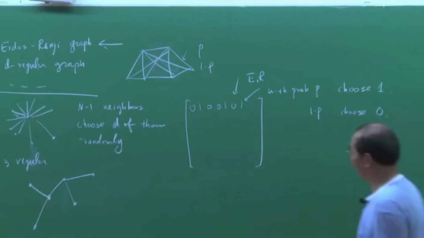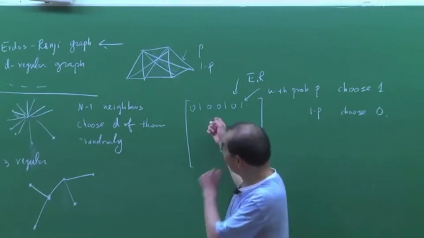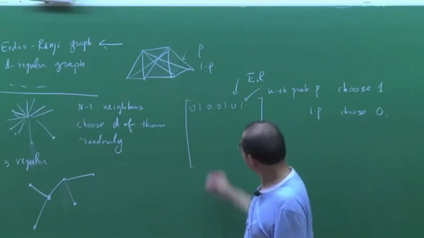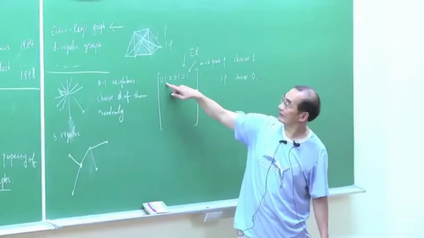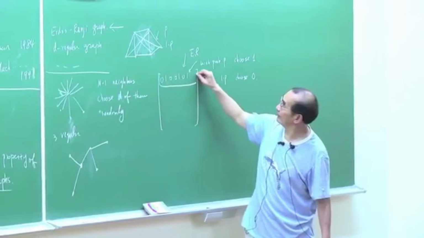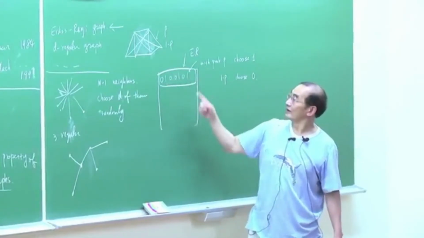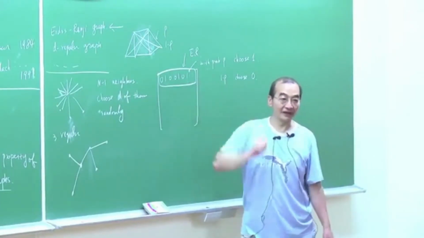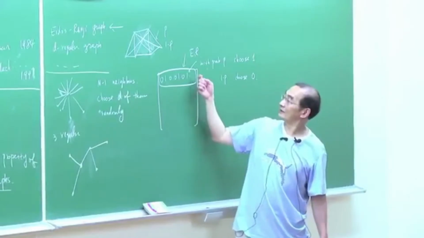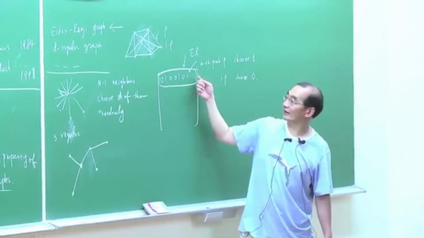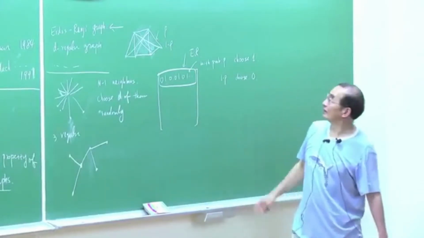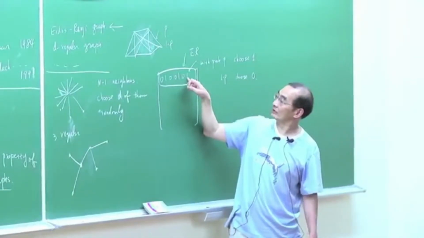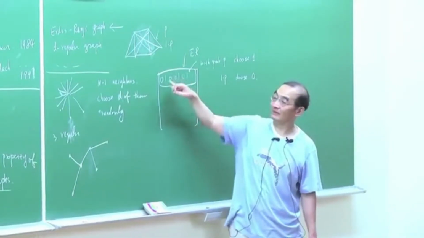Now, there's a difference between Erdős-Rényi and D-regular. For the D-regular graph, you know that the total number is 3, so among these entries I choose 3 of them randomly. But for Erdős-Rényi, for each one I flip an independent coin and either choose it or not. So Erdős-Rényi is more independent, because whether I choose this 1 or 0 has nothing to do with my neighbors.